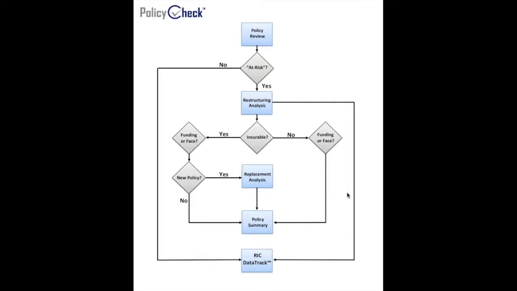Otherwise, that policy would be deemed incomplete, and the trustee would actually receive a chargeback for that, which would generate a credit to be used towards future policy reviews with another institution. In the event that we complete the underwriting and we successfully get an offer from the carrier, we would then complete a replacement analysis.